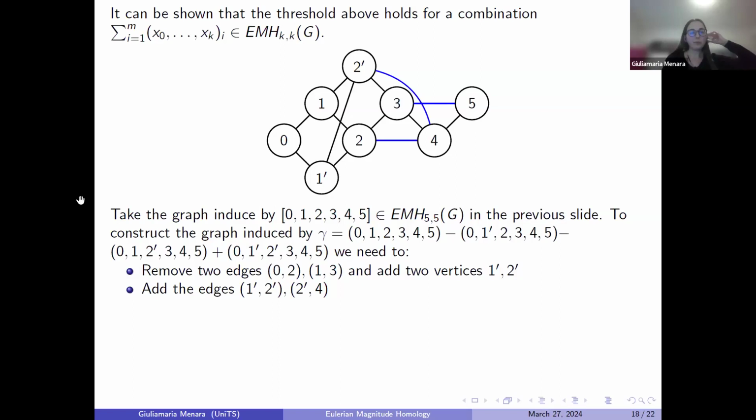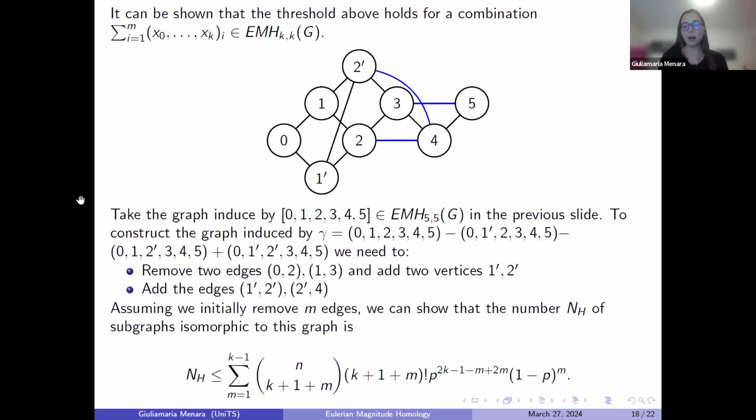The thing is, if we start from the easy graph, from the one induced by a single generator, the way to build the graph induced by a linear combination was removing m edges at the beginning to produce the squares.